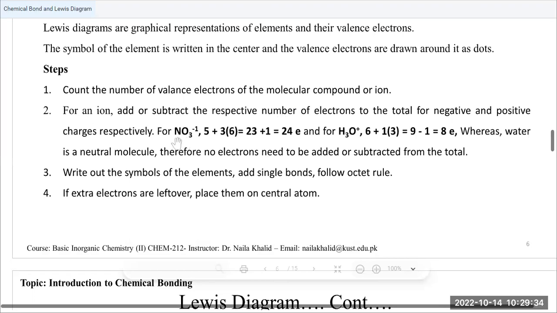Here, you can add or subtract electrons only for an ion, not for a neutral molecule. For example, nitrate is a negatively charged species.